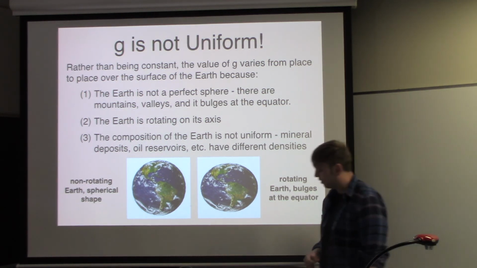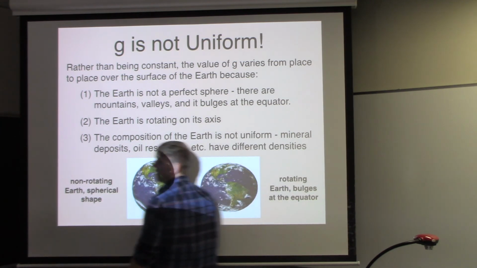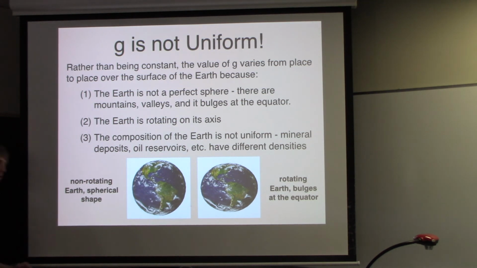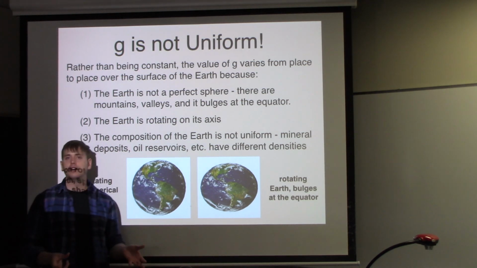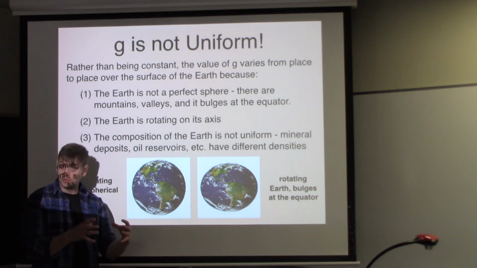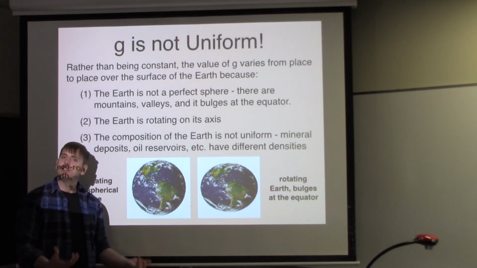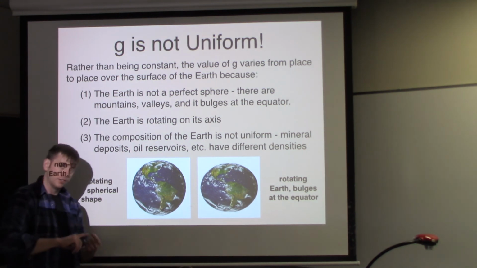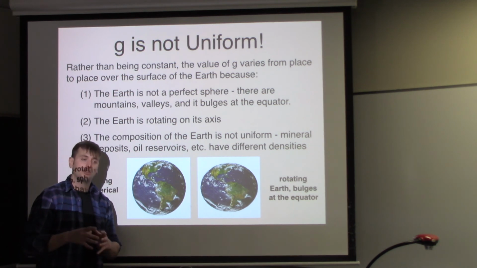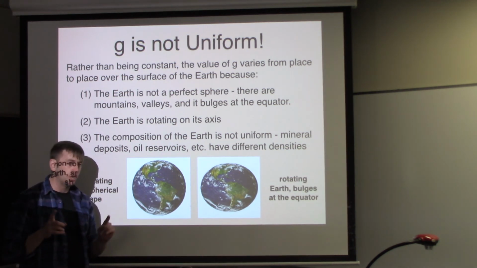Okay, so the first reason that g is not uniform is that the Earth isn't even a perfect sphere. We've been treating it, in these different derivations, as if we have a perfectly spherical object, but that's not really the case. For one, the Earth has mountains and valleys, and it also bulges out at the equator.